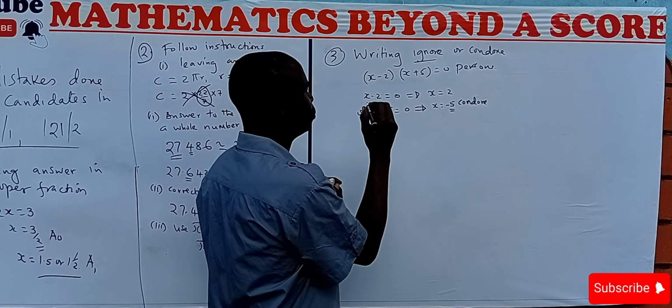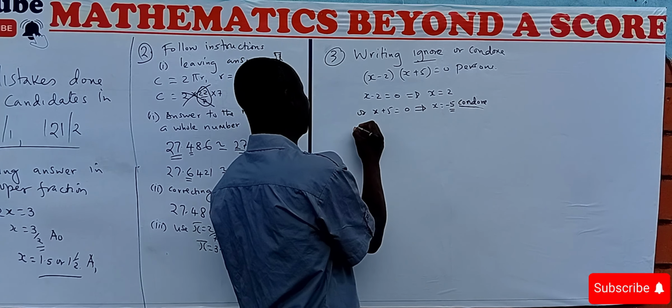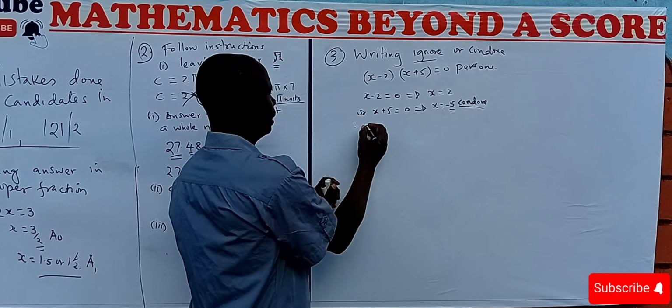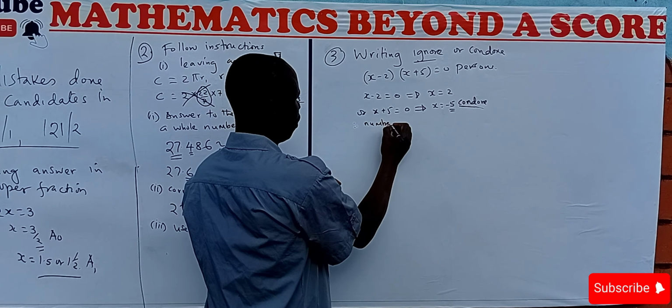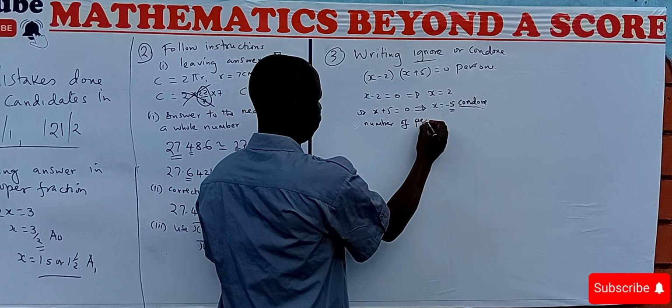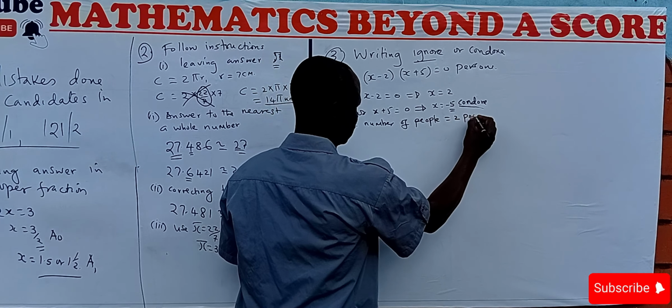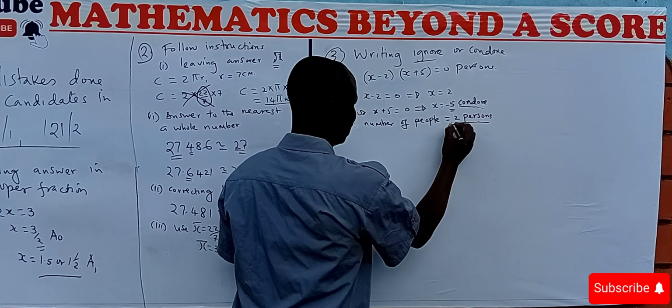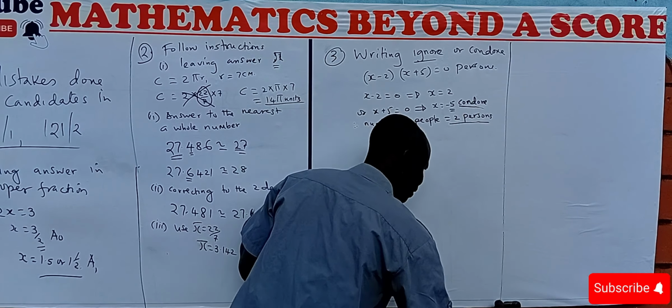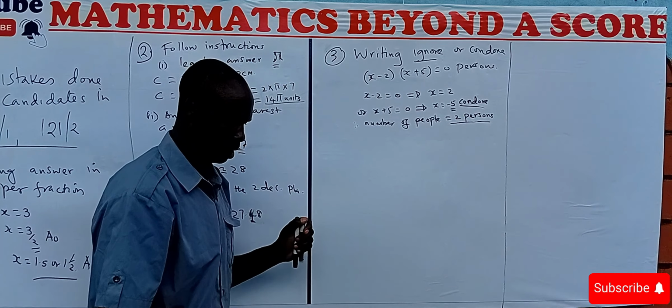So the candidate should write condone and then say, therefore, the number of persons is equals to 2 persons. This one is very clear and very nice to a mathematician.